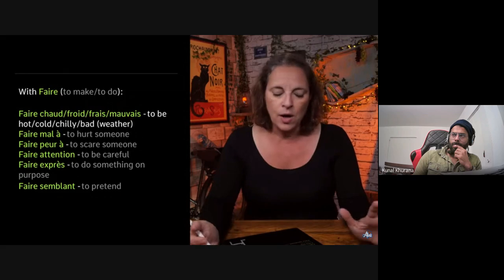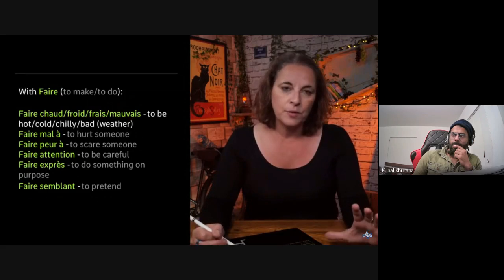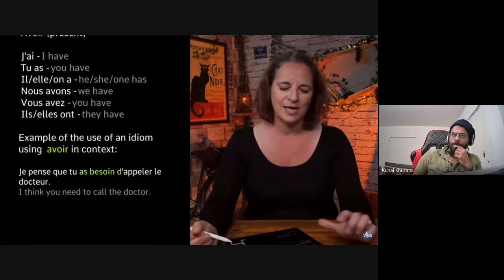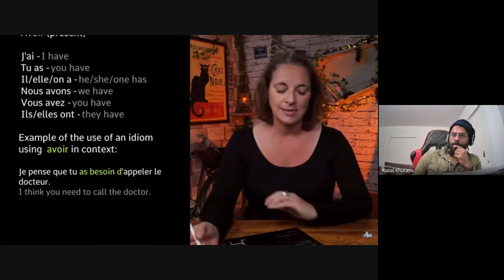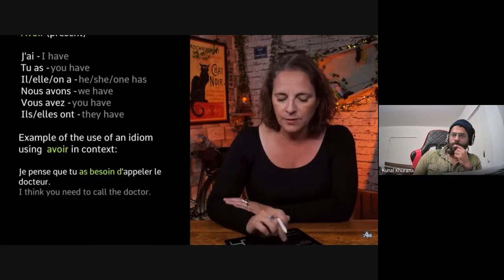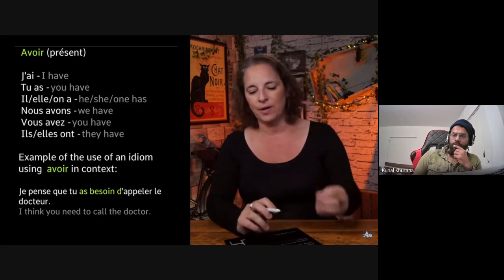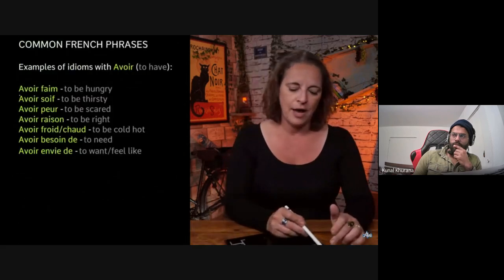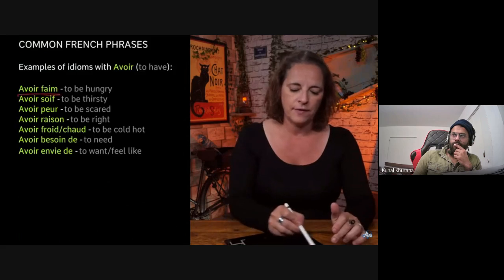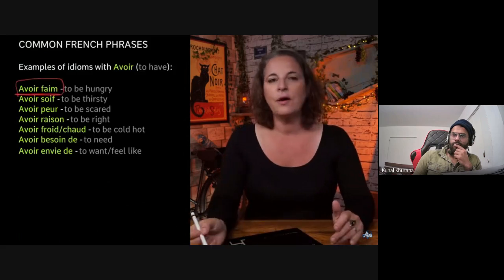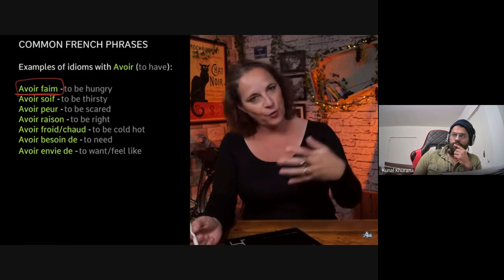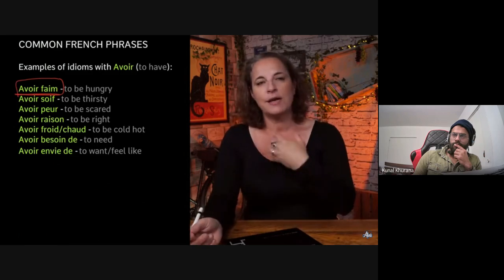Okay, so what would be good is for you to be reminded of how we conjugate avoir in the present tense. Because the reason why I said that is because when you are going to do, for example, avoir faim, can you see that? Avoir faim here. Well, you can't use it to have or to be hungry. You've got to say, I am hungry.